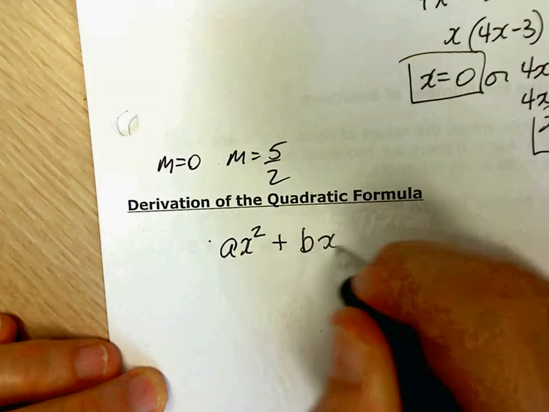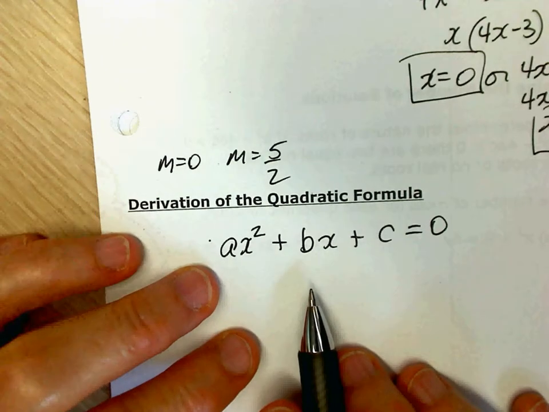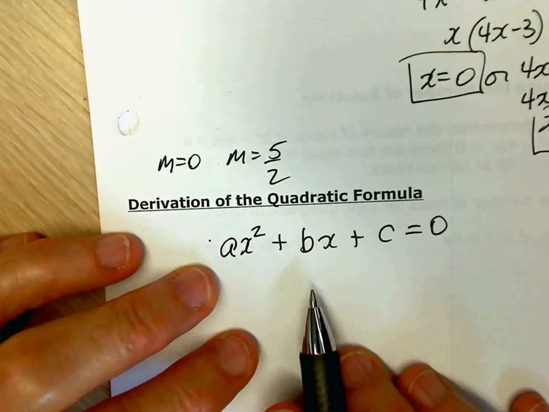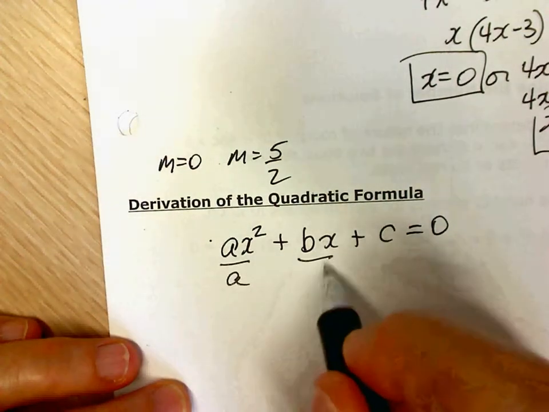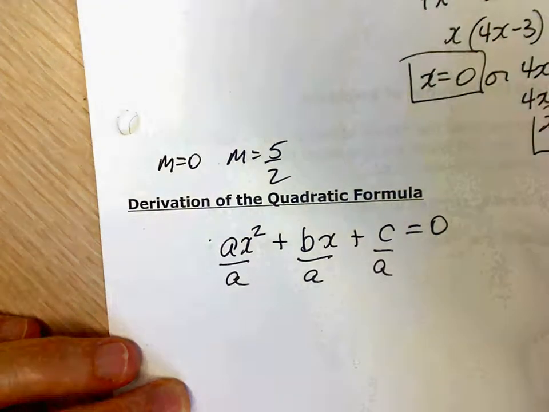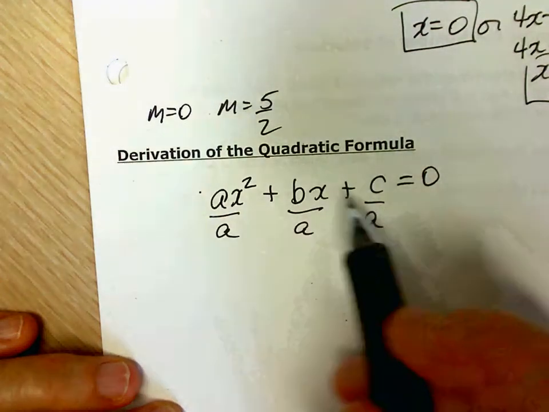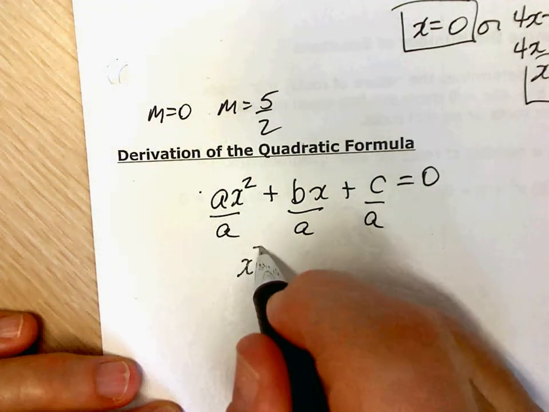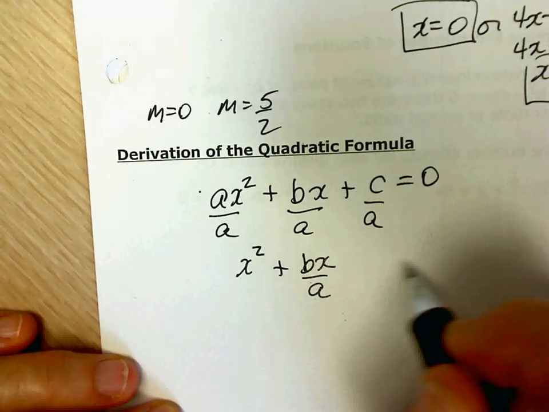And we're going to use this equation to find the quadratic formula. So you divide by a, right? And what we're going to do, well, a divided by a, that's going to be x squared plus bx over a, and you have to move that guy to the other side.